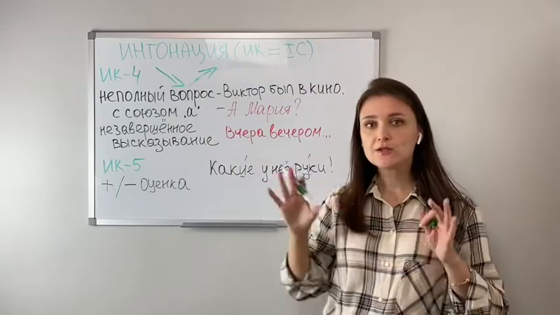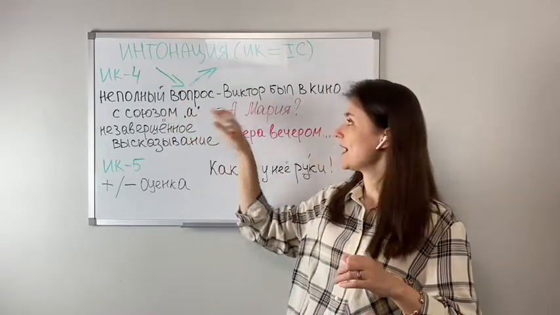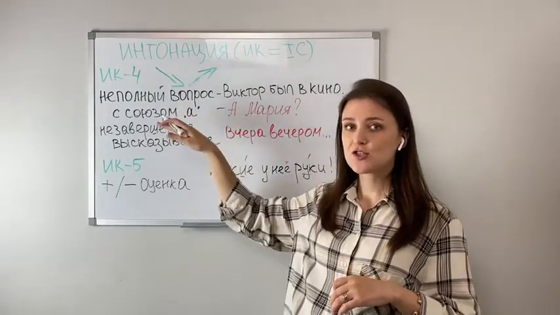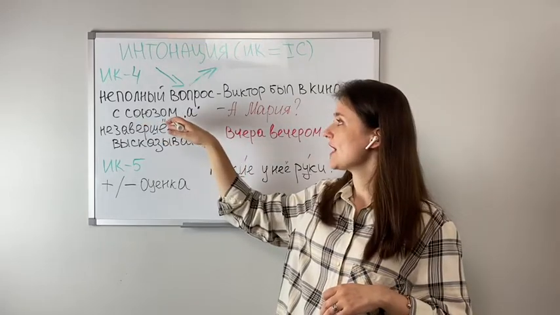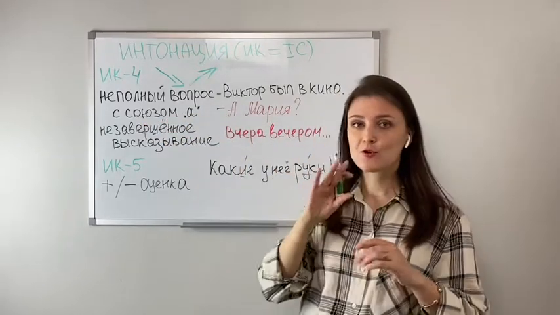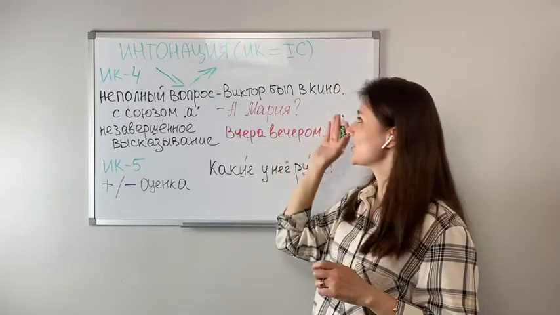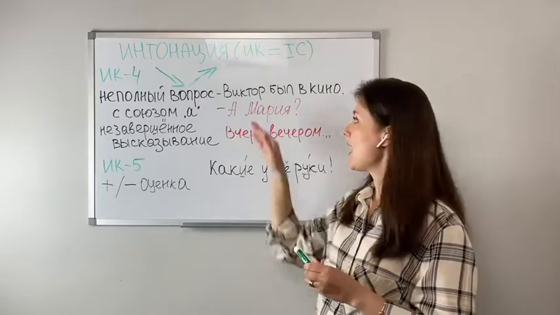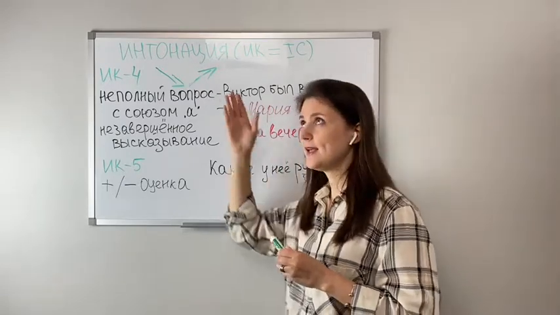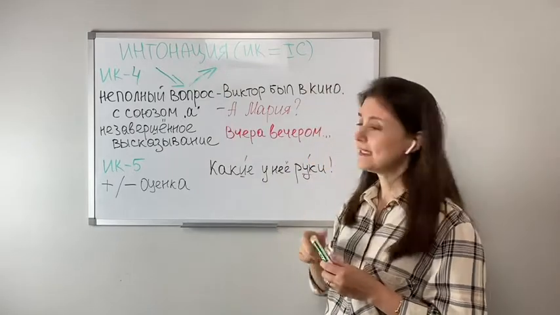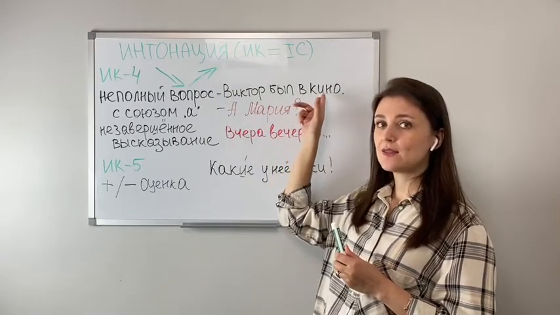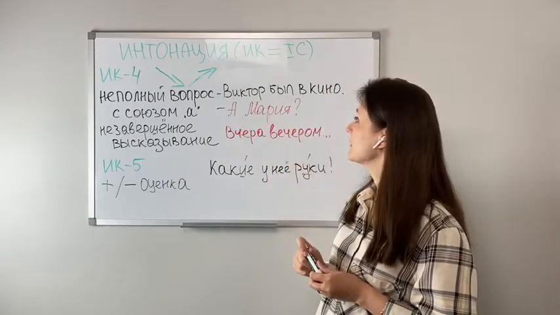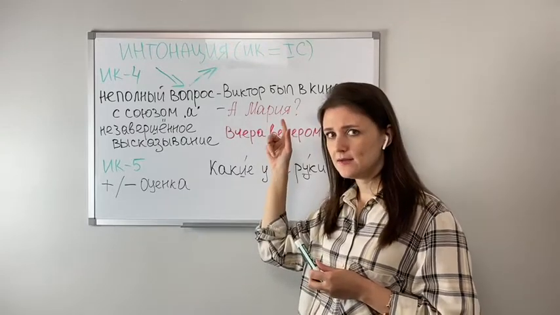Okay, we use this tone when we have an incomplete question with conjunction «а». For example, Виктор был в кино, а Мария? Victor was in the movie theater, and Maria?